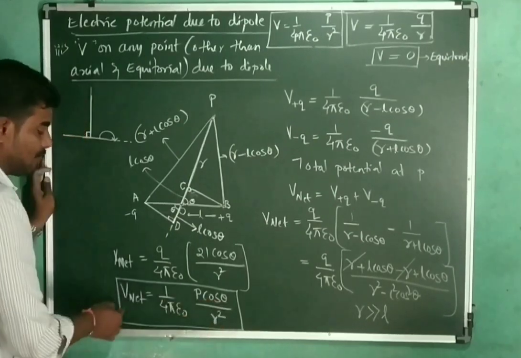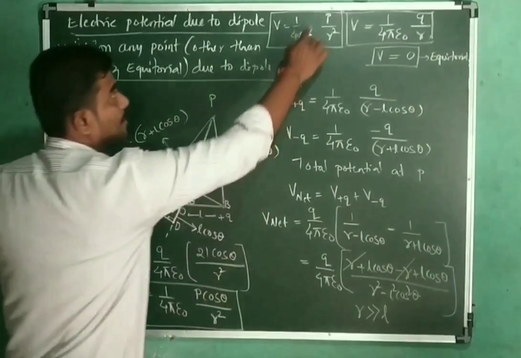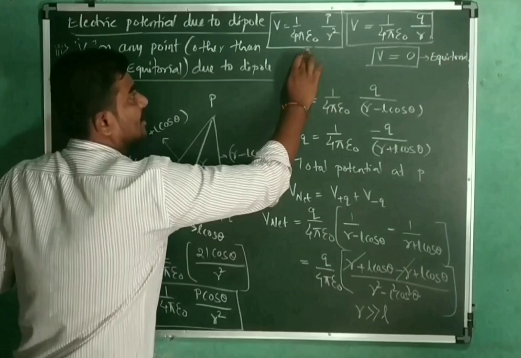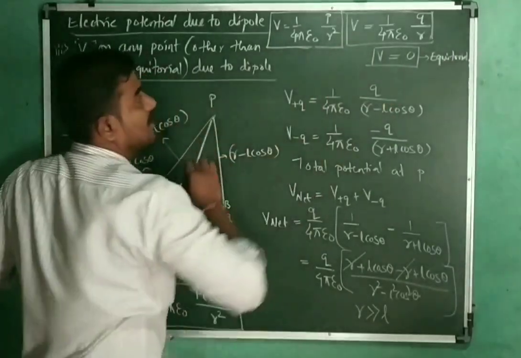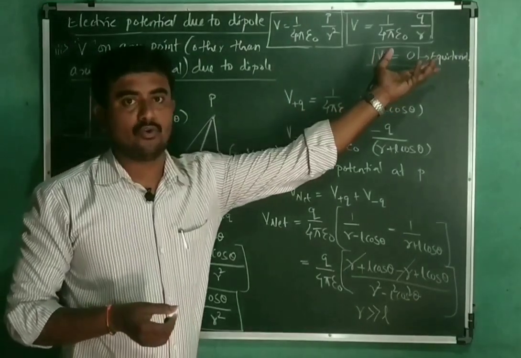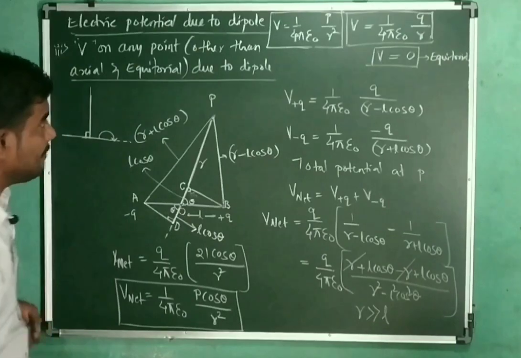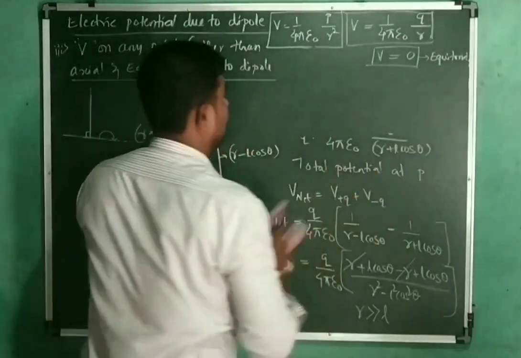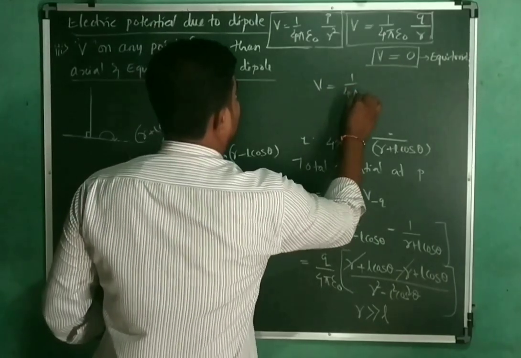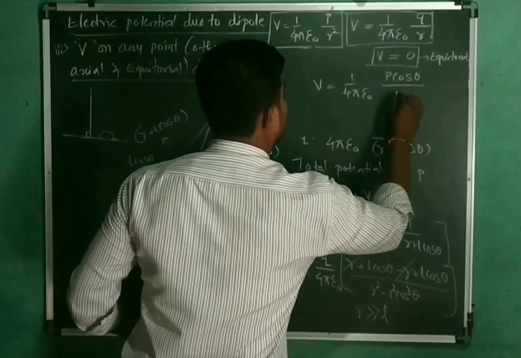Then the formula is going to be V net is equal to 1 by 4 pi epsilon naught P divided by R square. Therefore, this is the formula for axial line and this is the formula for equatorial line. Equatorial line has 0 potential, no need to calculate. I will write here V is equal to 1 by 4 pi epsilon naught P cos theta divided by R square.